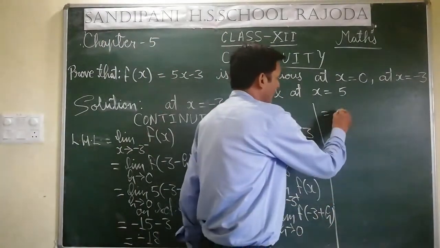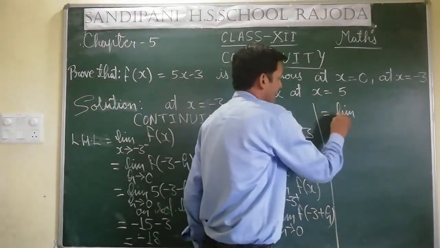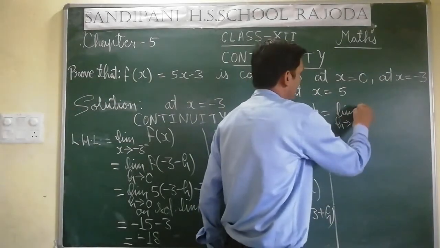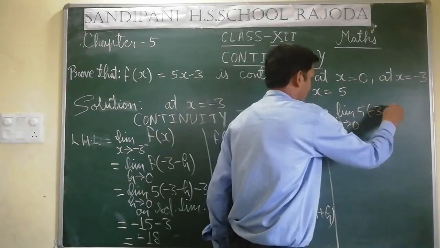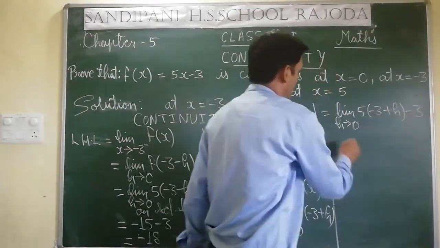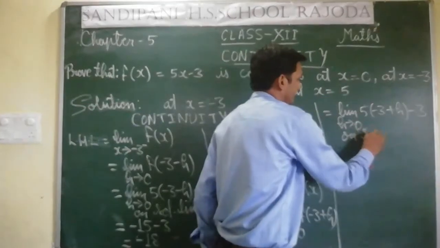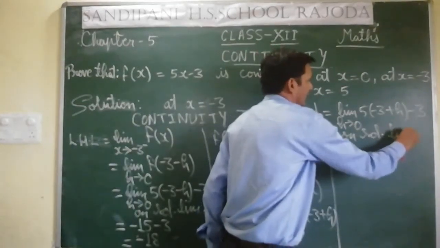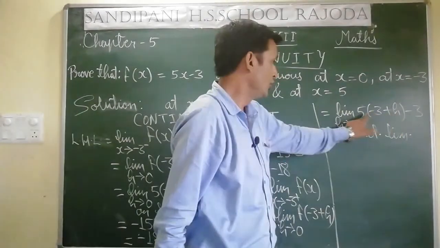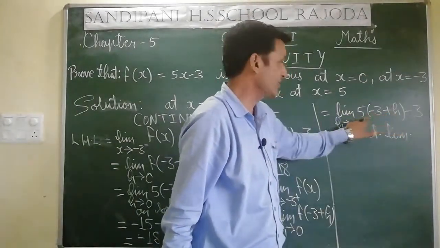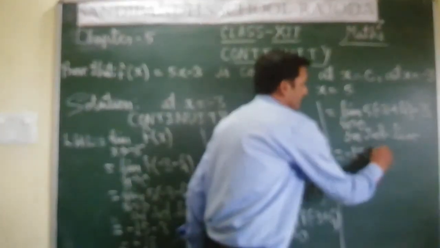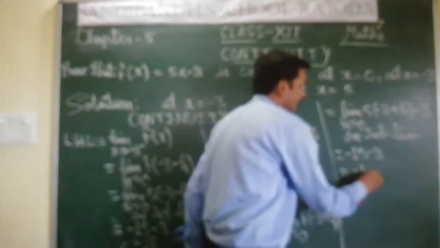So it will be equal to limit h tends to 0, 5 into minus 3 plus h, minus 3. On solving the limit, if we solve this limit, then this value of h is 0. So 5 into minus 3 plus 0 means minus 15 minus 3. Now it will be equal to minus 18.